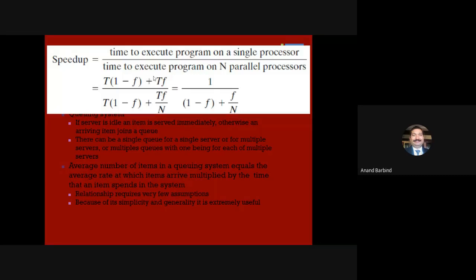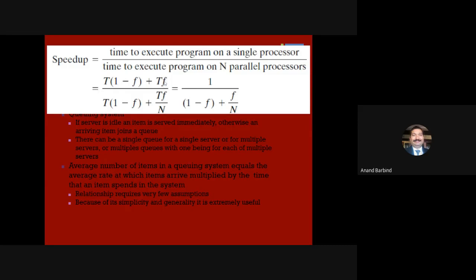Because there are n processors, the time required for this part will be reduced. You cannot reduce the time 1 minus F, because it is the serial part of the program, and F is the parallel part.